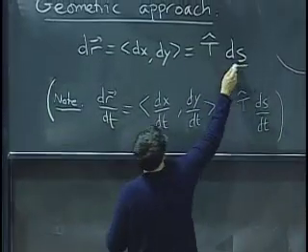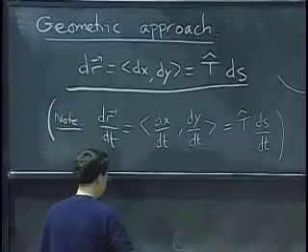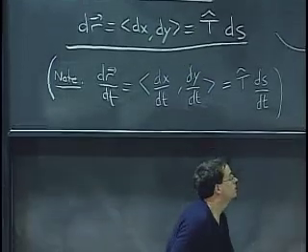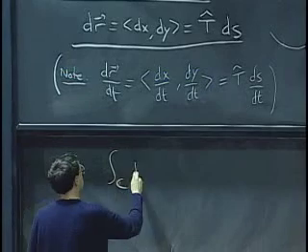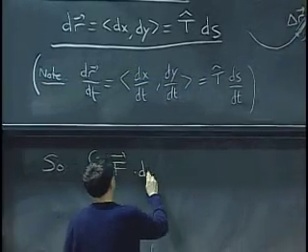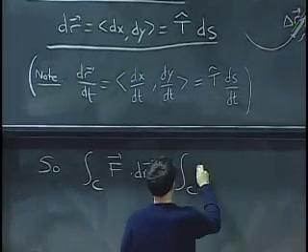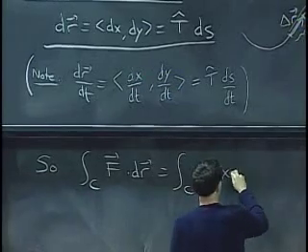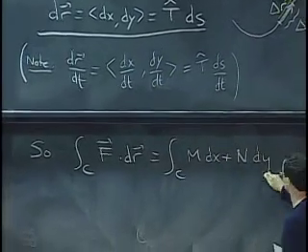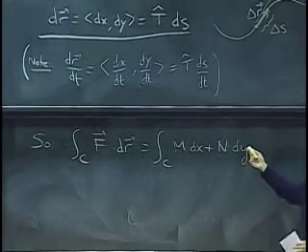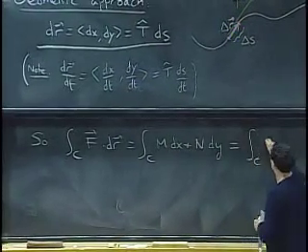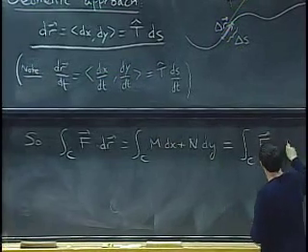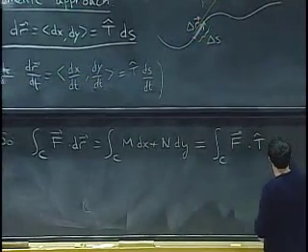Okay, so if I say this, that means that my line integral of f dot dr, well, I said I can write it as the integral of m dx plus n dy. That's what I will do if I want to actually compute it by computing the integral. But if instead I want to think about it geometrically, I could rewrite it as f dot t ds.